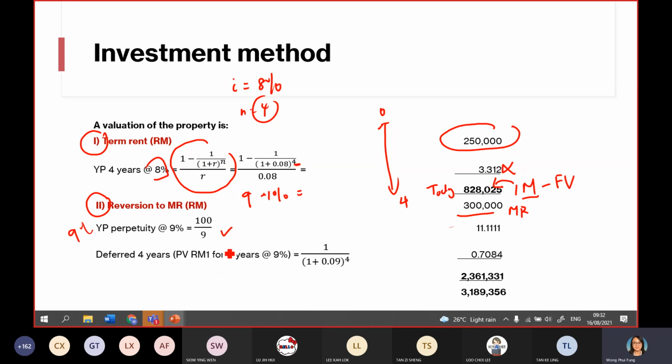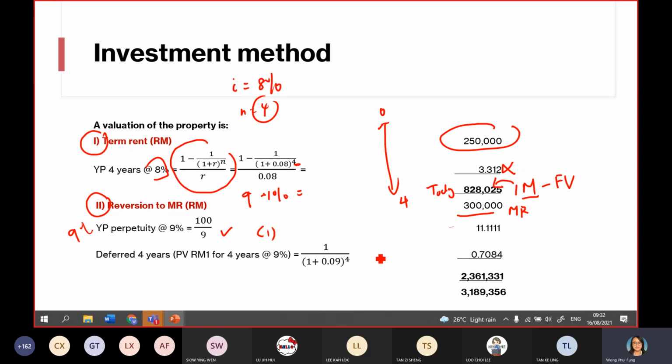First, YP in perpetuity, which means that assuming we can receive this income forever. So you use 100 divided by the yield, 100 divided by 9 is approximately 11.1111. So that is the first part, the perpetuity part, assuming that we can get this income forever.